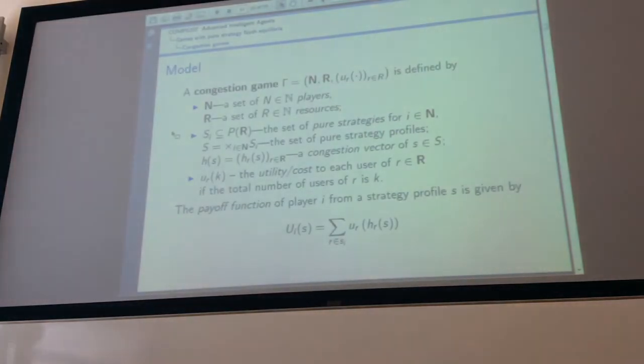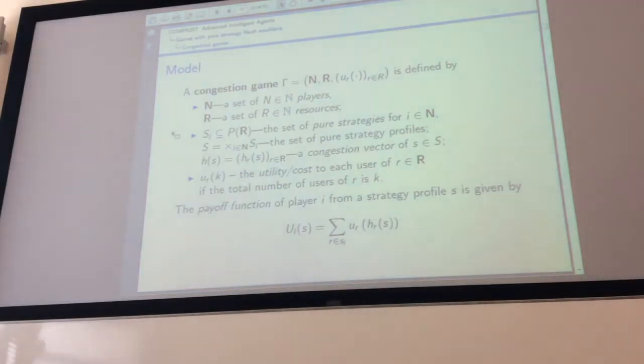So it's a subset of the power set of the set of resources, right? So it doesn't have to be the complete power set. It may be just some sub-collection of those.